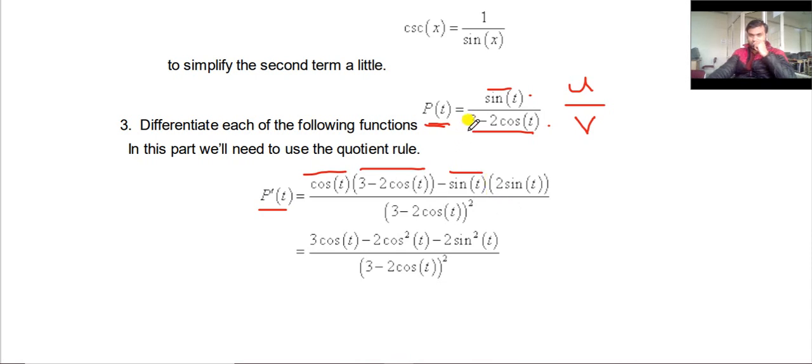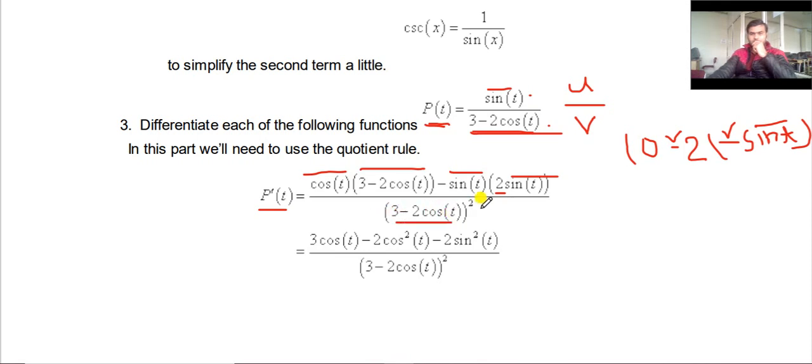Differentiation of this 3 is 0, then minus 2, and differentiation of cos t will be minus sin t. So when this minus is multiplied with this minus, this becomes plus, so it is 2 plus 2 sin t divided by denominator square. Denominator is your 3 minus 2 cos t, its square.